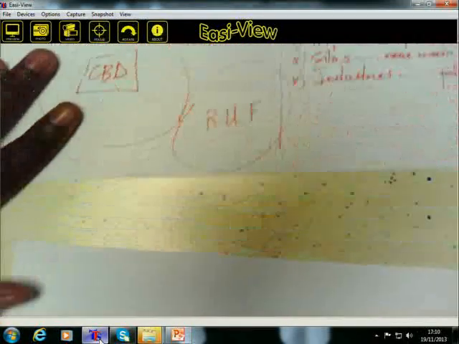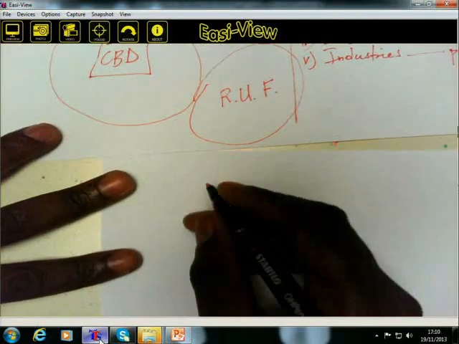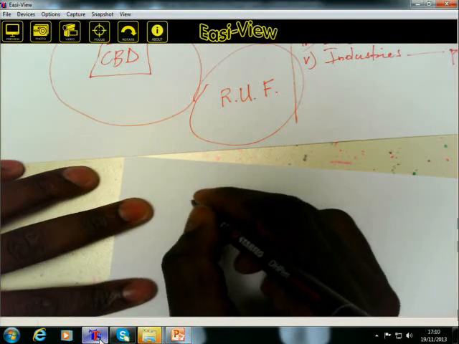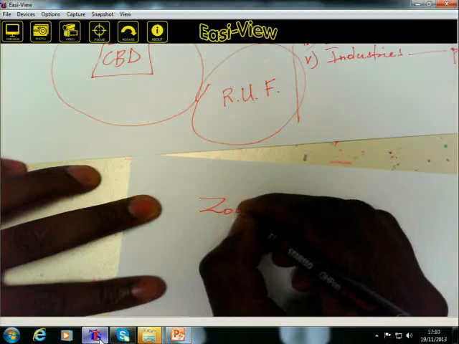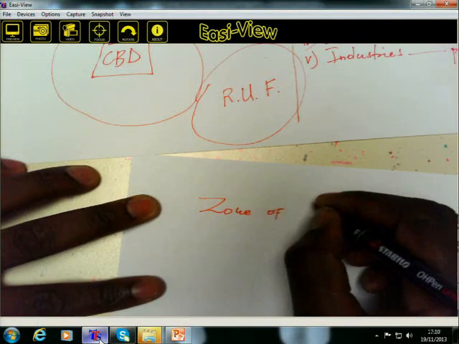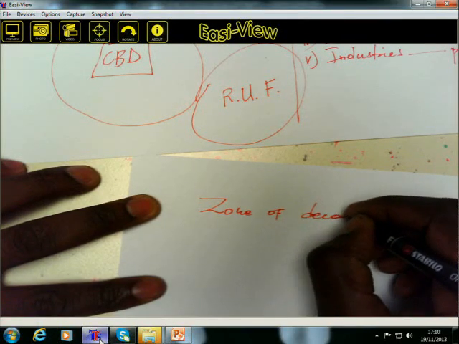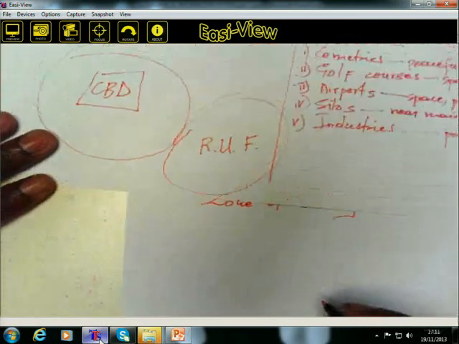I want to move to the second land use zone, which is your zone of decay. Now remember where you get it.